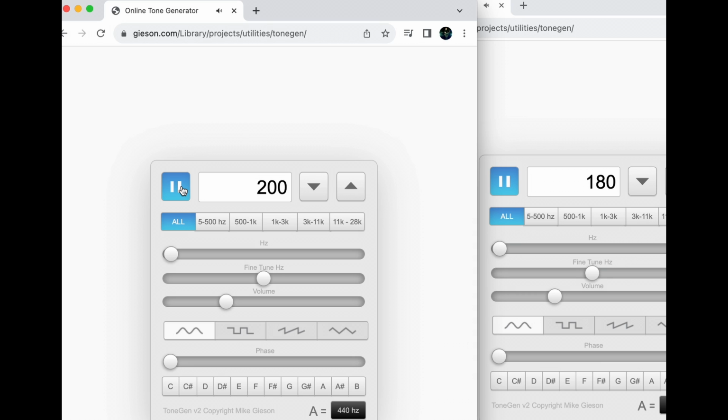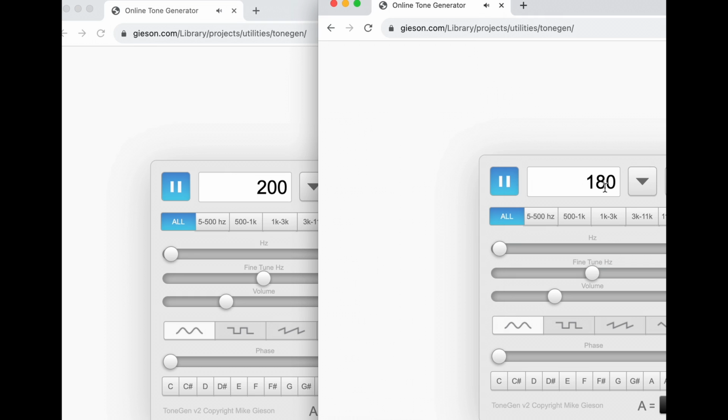The vibration you hear is due to the beat frequency, it's called. If we raise the 180 to be a little closer to the 200, you hear a slightly different beat frequency. And if we go even higher, the beat frequency slows down.